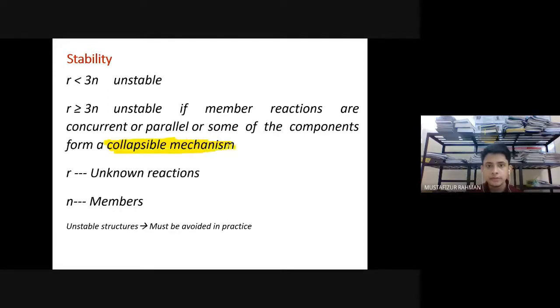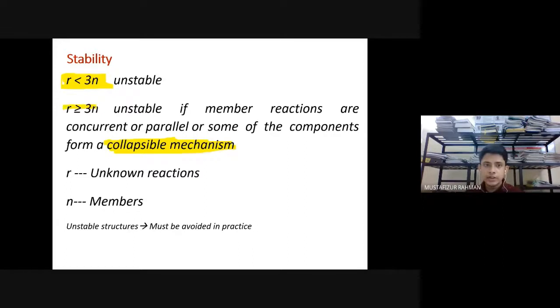Even if the number of unknown forces is more, but it forms a mechanism, a situation where the structure may collapse, then also it is unstable. So if R is less than the number of equations of static equilibrium, then it is always unstable, no doubt.